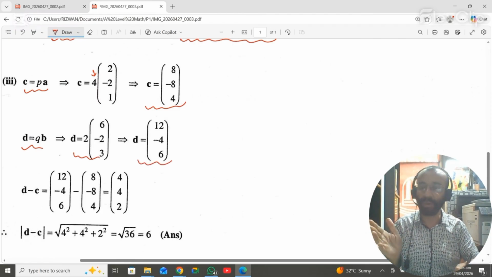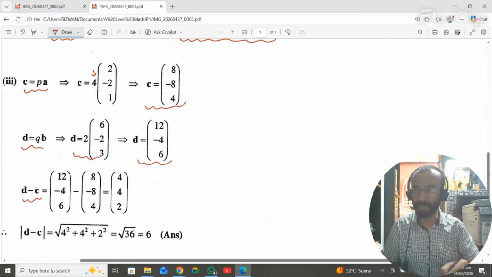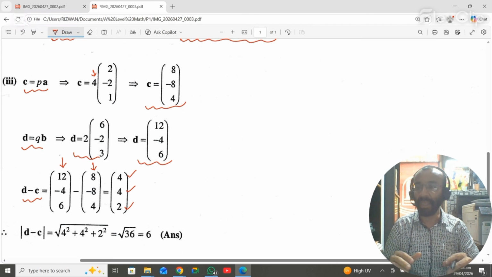And the requirement was d minus c. So first we put the d vector minus the c vector. Respective values will be subtracted from respective values. So 12 minus 8 will be 4, -4 minus becomes plus 8, so 4 will be the answer, and 6 minus 4 will be 2. And finally, the magnitude of d minus c was the requirement.